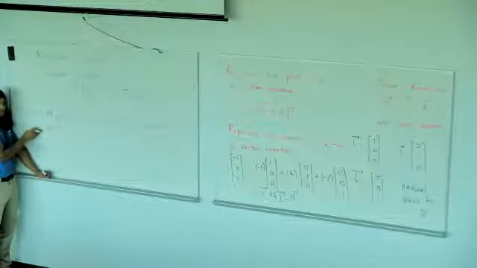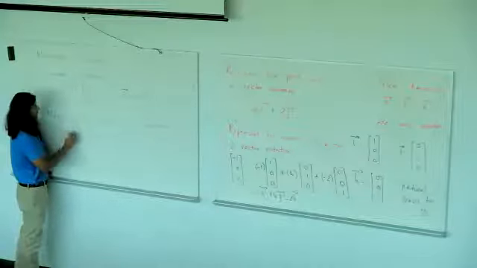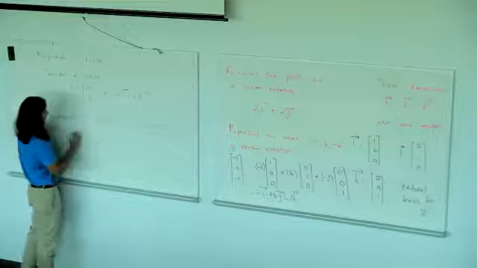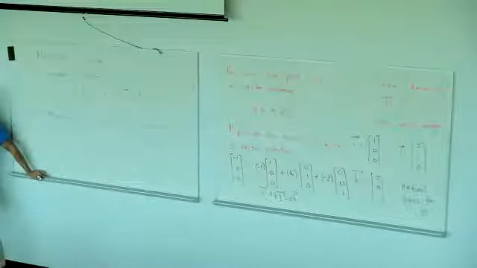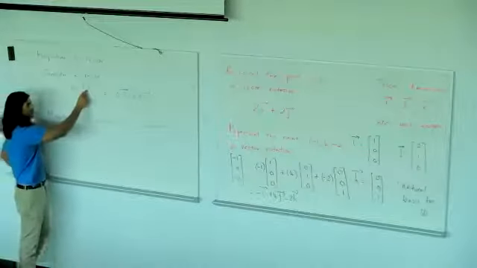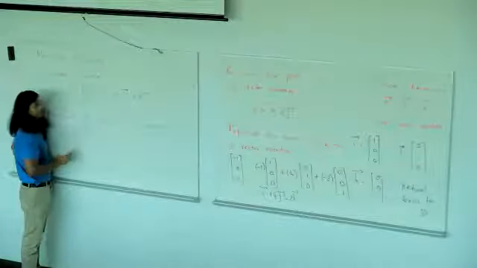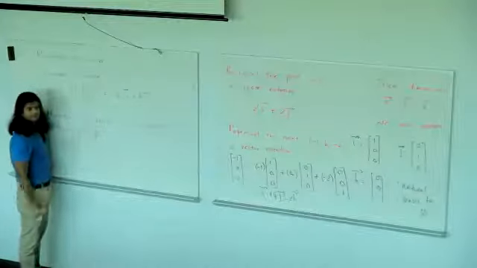The magnitude of a vector is simply the square root of each component squared and summed. So I have component A, so A squared, plus B squared.